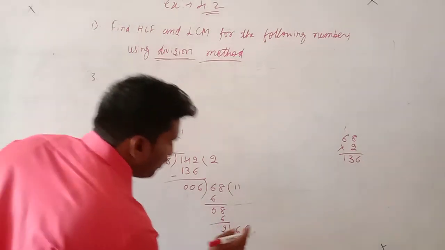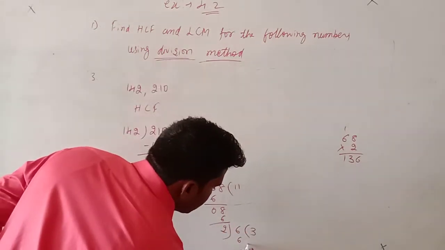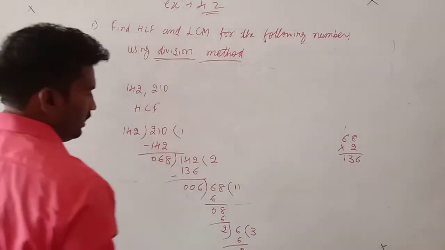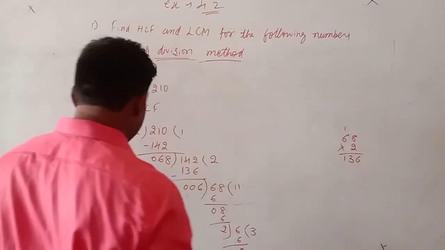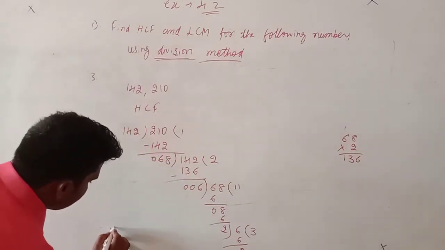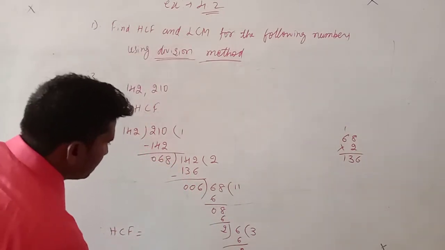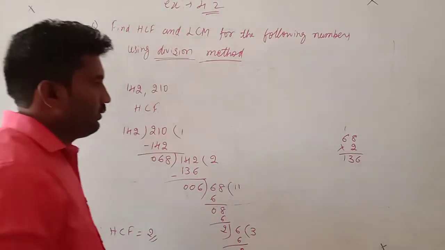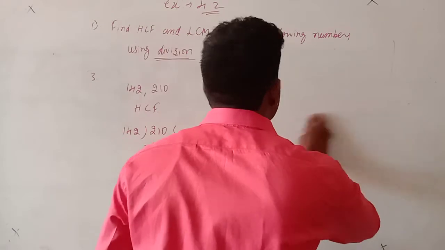So 2 threes are 6, so it got 0. Therefore, the HCF is 2. Okay, so next, the LCM.